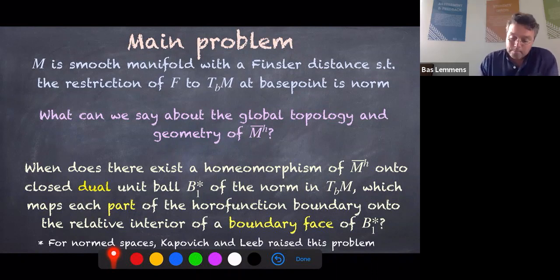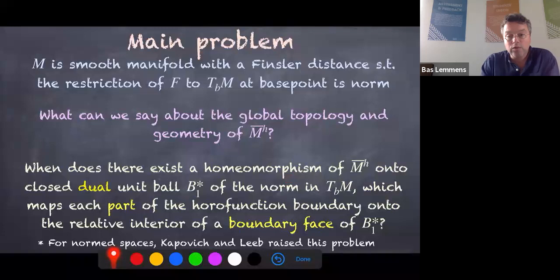Now more specifically, and this is where duality comes in, I want to look at the following very explicit question. When do you actually have a homeomorphism from the horofunction compactification of such a manifold onto the closed dual unit ball of the norm in the tangent space at the base point? And this homeomorphism should map each part of the horofunction boundary onto the relative interior of a boundary face of this ball.